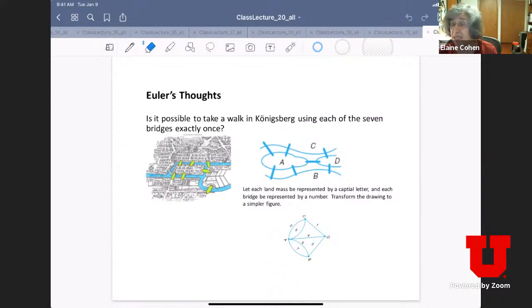It's the same idea, a little different, which says, if you draw the back of an envelope with all the various lines, can you draw the whole thing without lifting your pencil once and without going over any of the lines more than once? Okay, so these are related problems, and we're going to solve the envelope problem after we learn some things about graph theory.